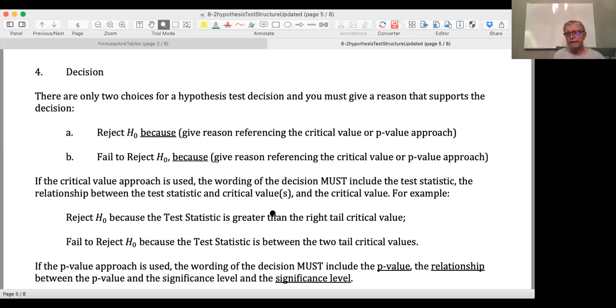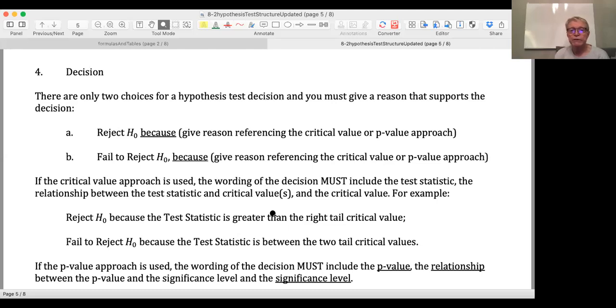Okay? And so the numbers that we use to determine if the test statistic was unusual or not are going to be used in our decision as well. In other words, the test statistic is going to be compared to a critical value, if we use the critical value approach, or the p-value is going to be compared to alpha, okay? And that's how we're going to give a rationale for rejecting or failing to reject.